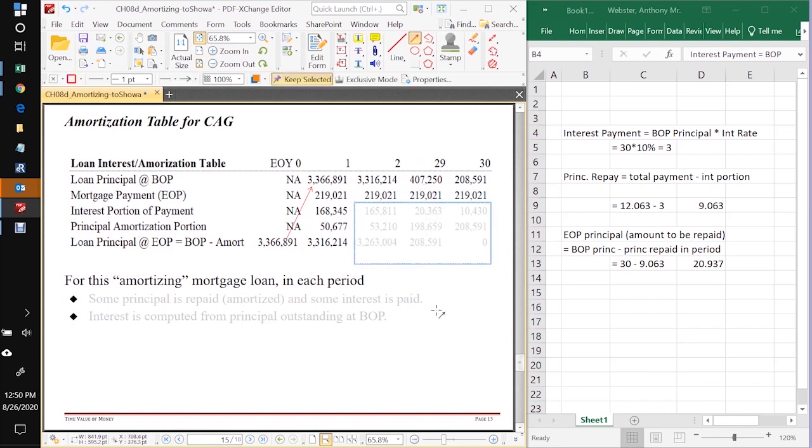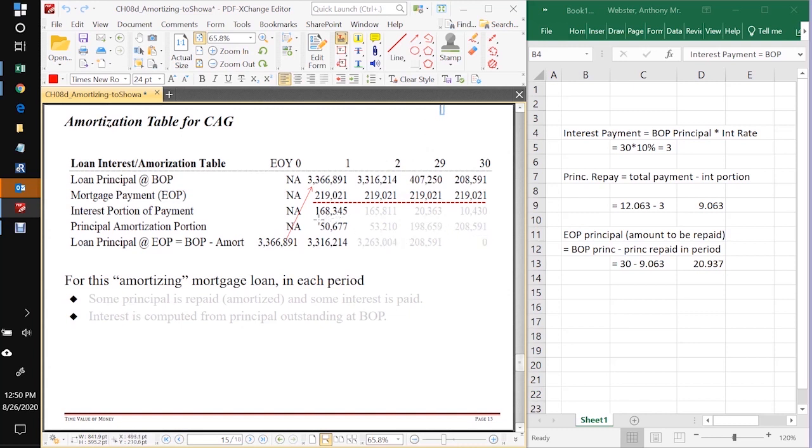In the sense that the EOP principal balance in period 0 is equal to BOP in period 1, et cetera, et cetera. Also, you know here, as well as me, that it's a uniform pay mortgage, constant cash flow mortgage. So all of those uniform payments are going to be constant, okay?